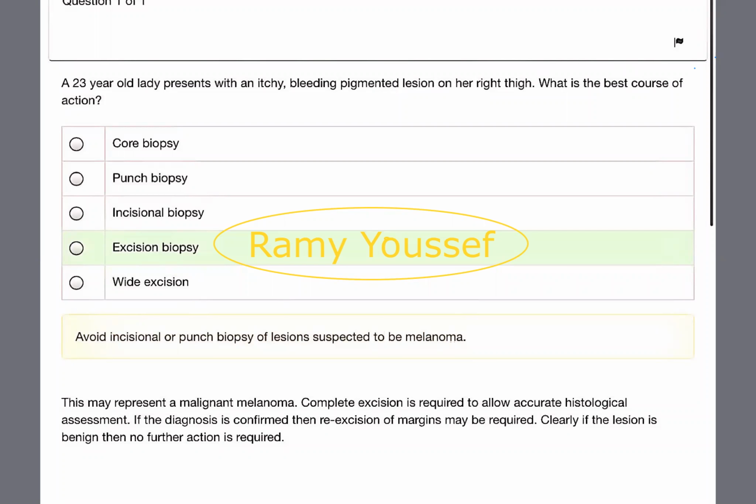So if he didn't mention bleeding or ulceration, the answer will still be excisional biopsy? Yes, any melanoma, excision. We don't take a small piece from a melanoma.